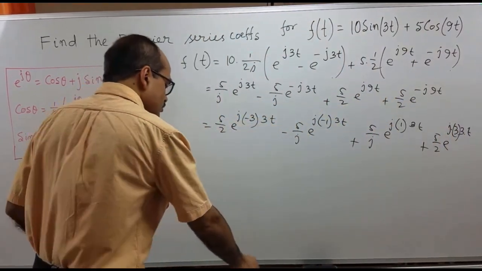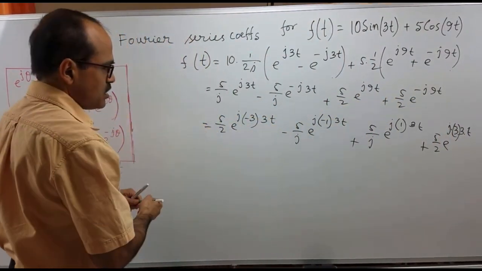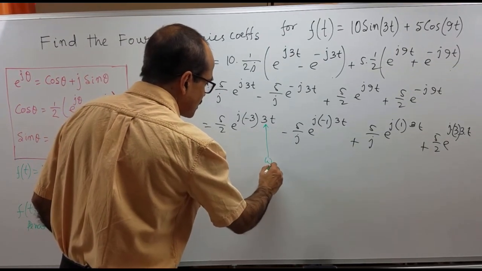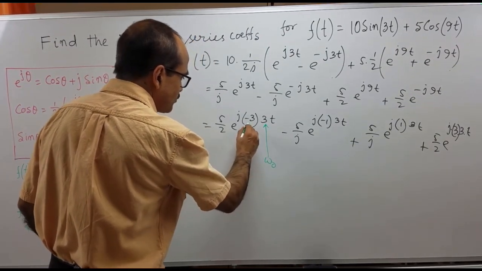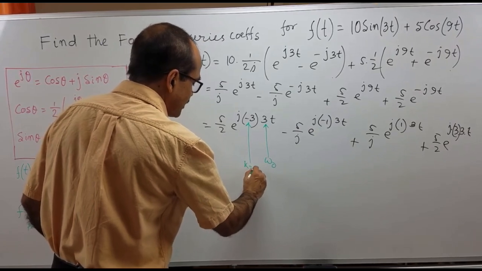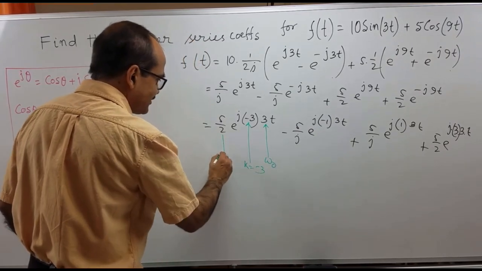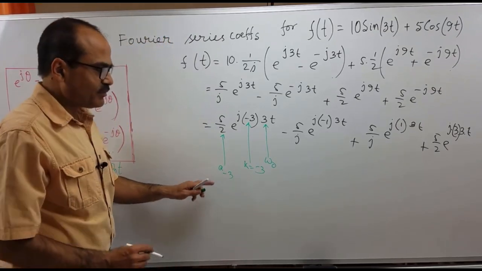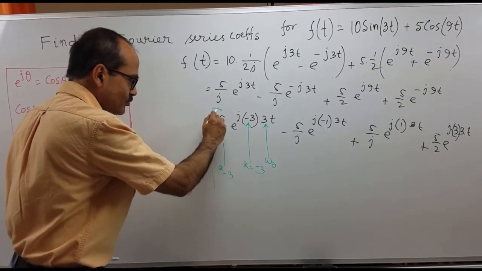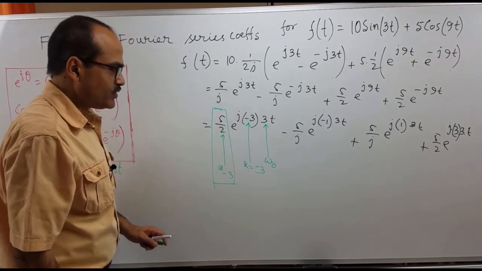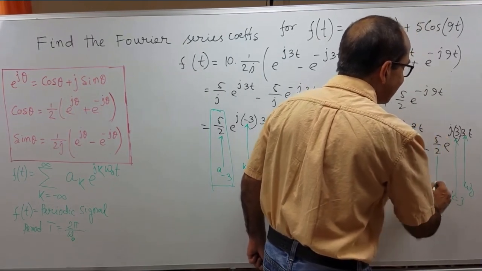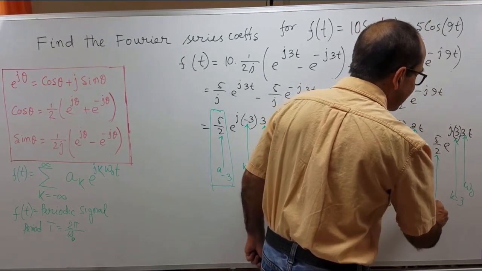So here omega 0 equal to 3, and k is minus 3, so this is a sub minus 3, one coefficient, and this is a sub 3.